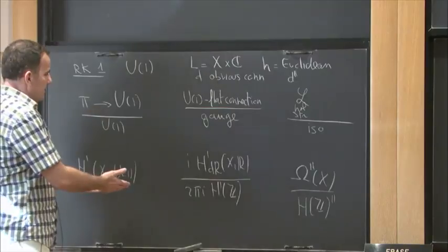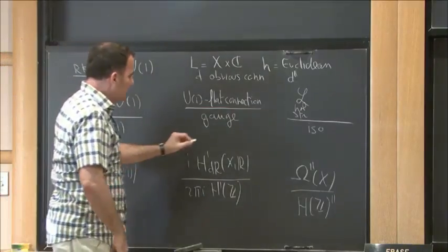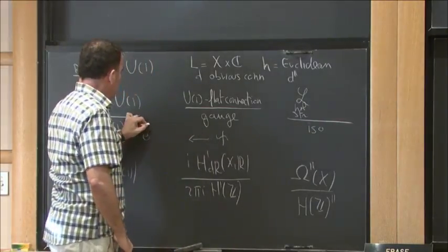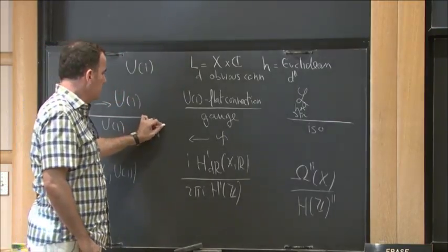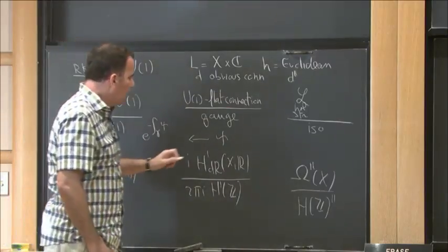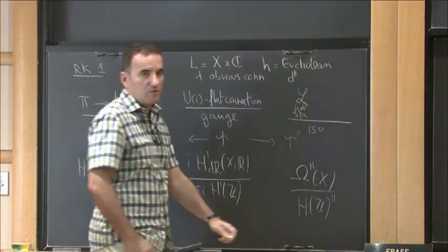So now the nice thing is that here, these three things are connected, because I can start with my form and take the exponential of the integral over a homology cycle. And this gives me a representation. Or I can take the anti-holomorphic part of this closed form.